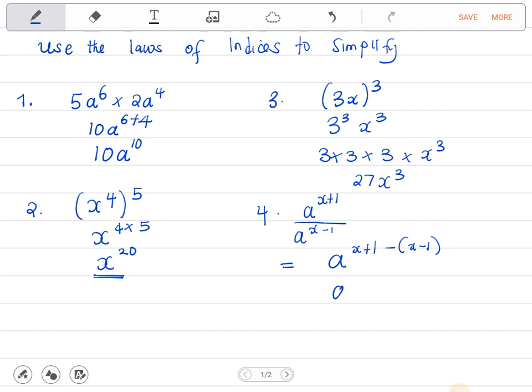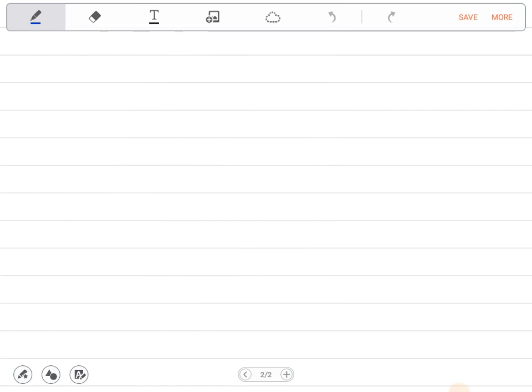So this is a to the power x plus 1, then expand, negative x, expand, positive 1. Now you're having positive x and negative x, so those two cancel each other. You remain with 1 plus 1, which gives you a squared. We still have more to do. Let's go. Question 5.